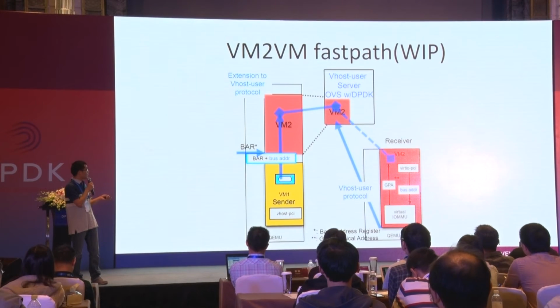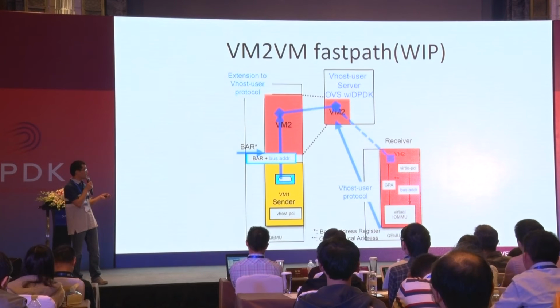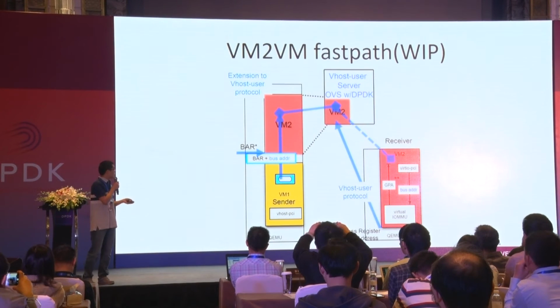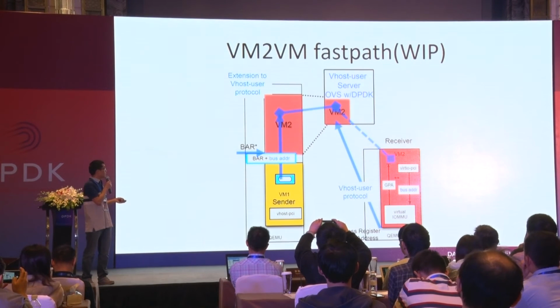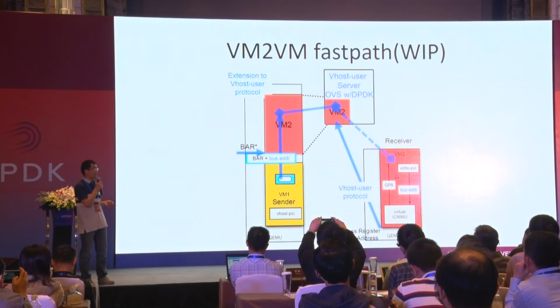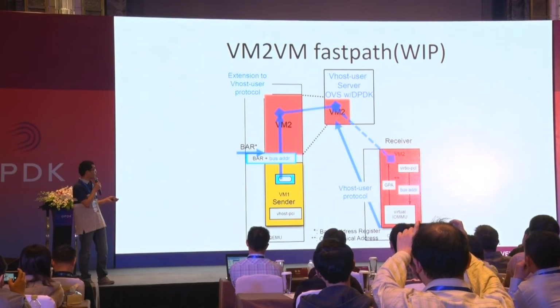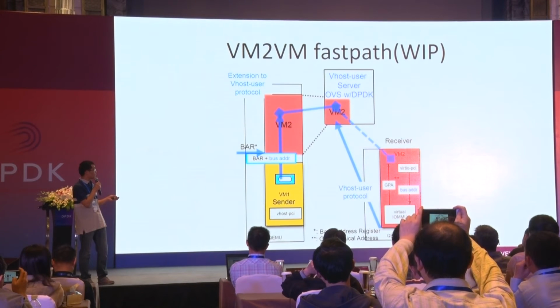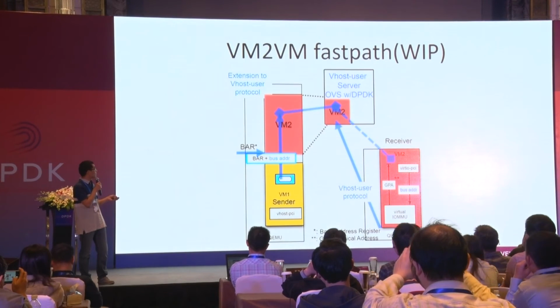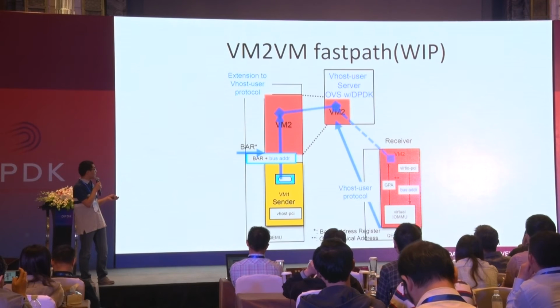We have analyzed the virtual I/O configuration. As we all know, the DPDK Vhost user server has all of the information of the virtual machines and the memory information. Let's take VM1 and VM2 as an example. It has all of the memory information of VM1 and VM2.